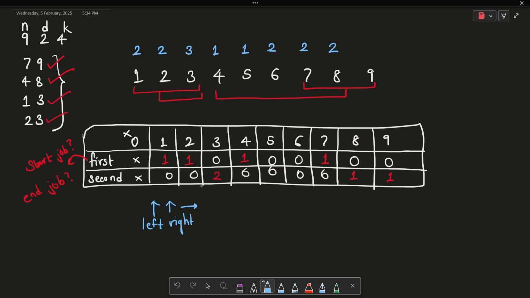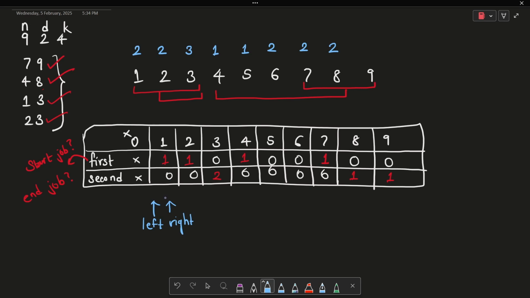So what will I do? At the right index, if there is a job starting on the next day, I increase the job count by 1. And when I move the left, if there was a job ending on that particular day, I decrease the job count by 1.